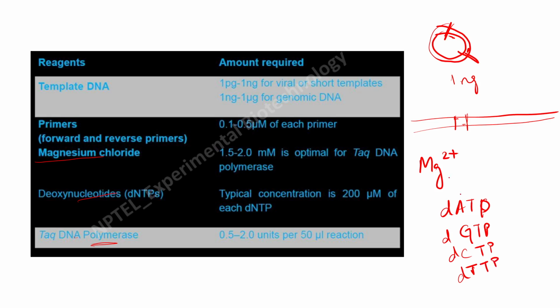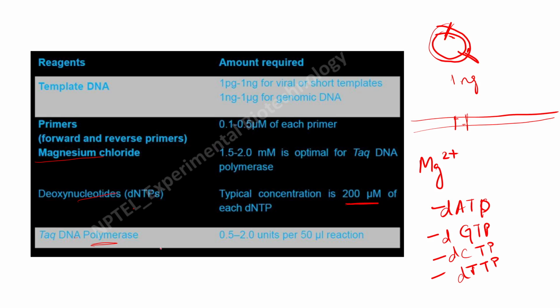That concentration is fairly fixed. 200 micromolar of each dNTP is added. And then finally we add the DNA polymerase, like 0.5 to 2 units.